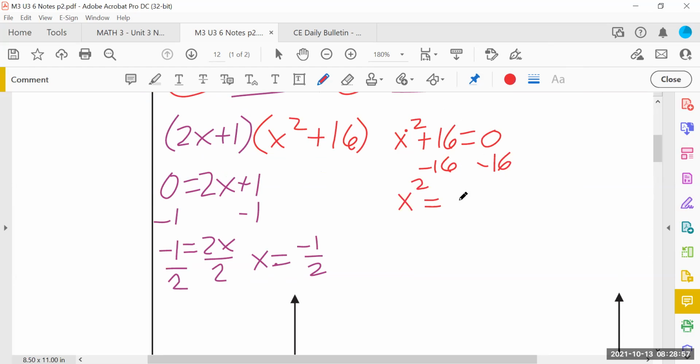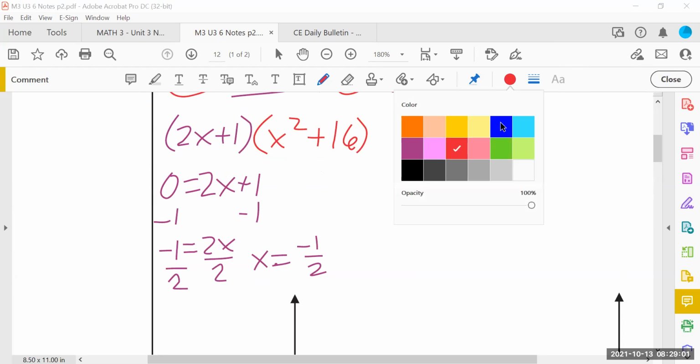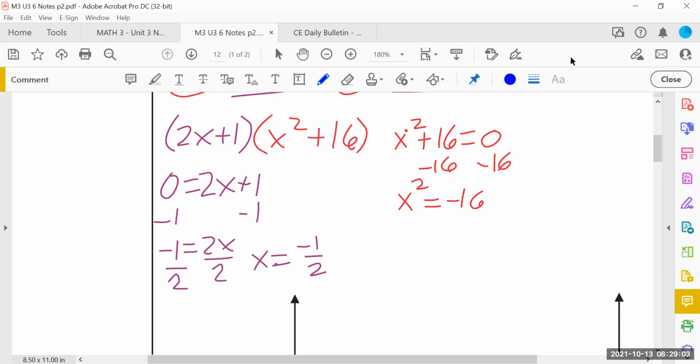X squared equals negative 16. What's my next step? Square root. That's exactly right. Is everybody good? X squared. I need to get rid of the squared. Square root. Square root. X equals plus or minus the square root of negative 16.